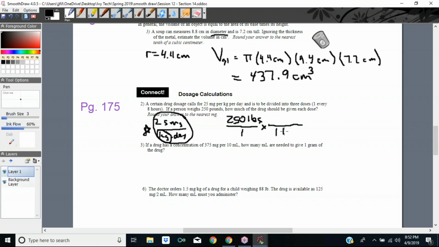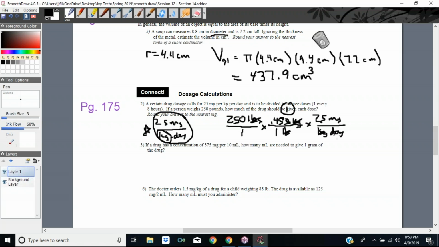We said 1 pound is 0.4536 kilograms. So that's the first thing we're going to do. Now we're going to put this dosage in here: 25 milligrams per kilogram per day. So notice how the pounds cancel out and the kilograms cancel out.